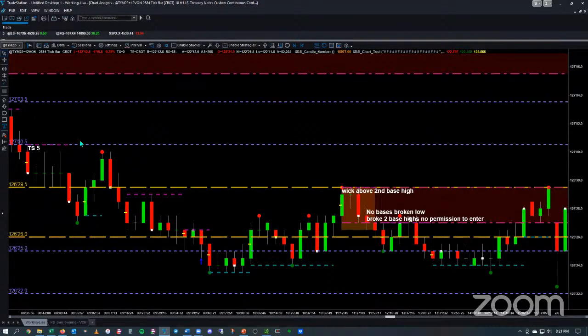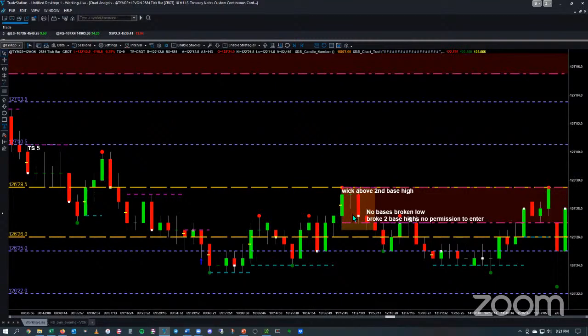So you don't have 3 bases, so you don't have permission to move yet, or at least for the way we did it, we didn't have permission to move. So then you get this new band right here, but we did not take the trade here, okay?